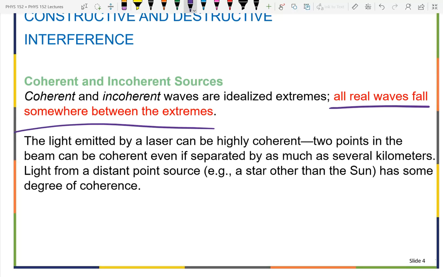And the average wave train for a laser like this is measured in kilometers. That means that light has to travel like a kilometer before it will change from this to an abrupt shift. And so it's highly coherent.